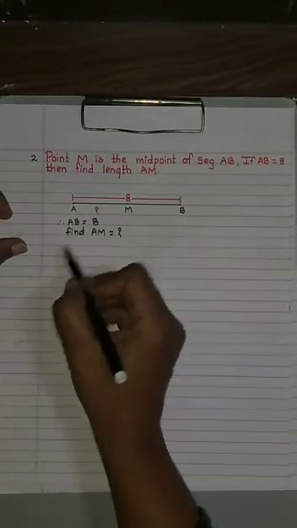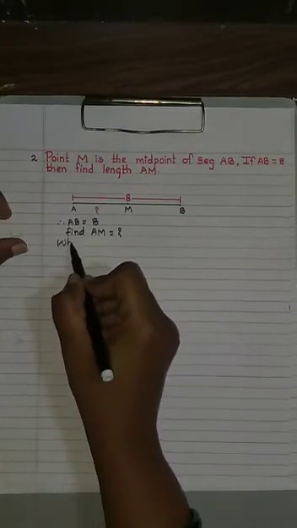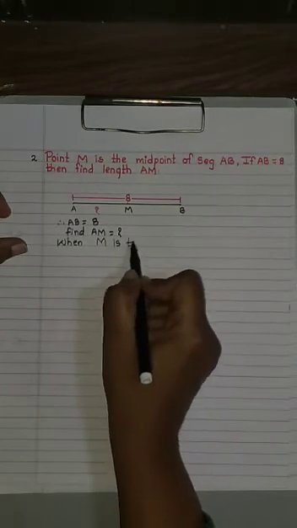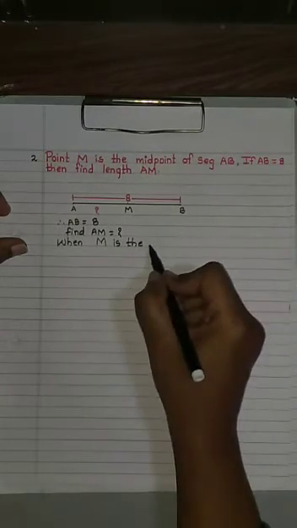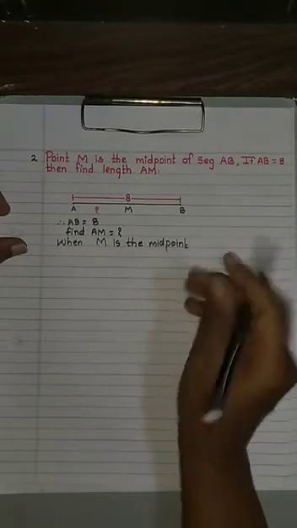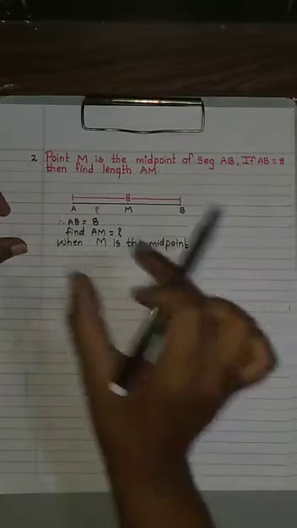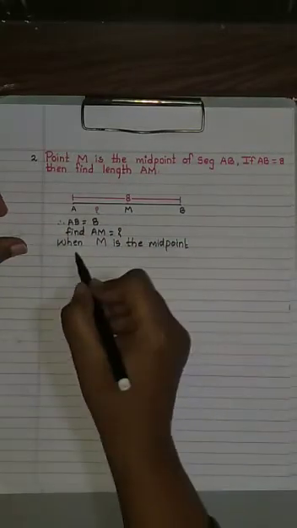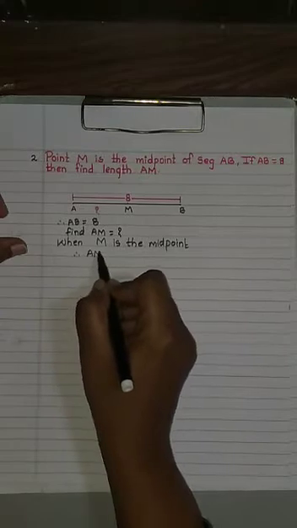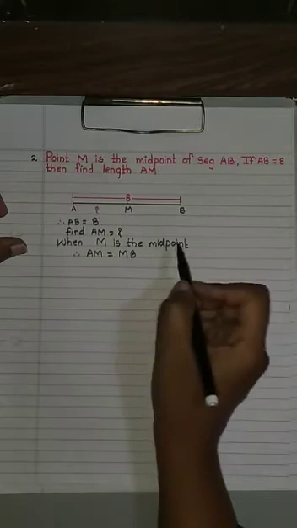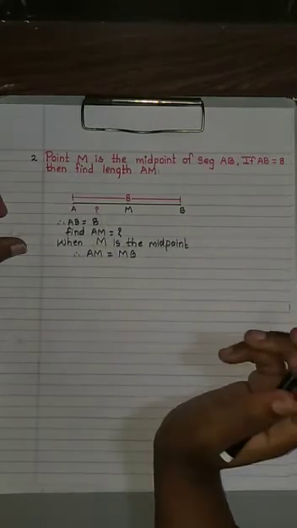Now children, when M is the midpoint, that means M divides AB into 2 equal parts. When M is the midpoint, you come to know that AM is equal to MB.